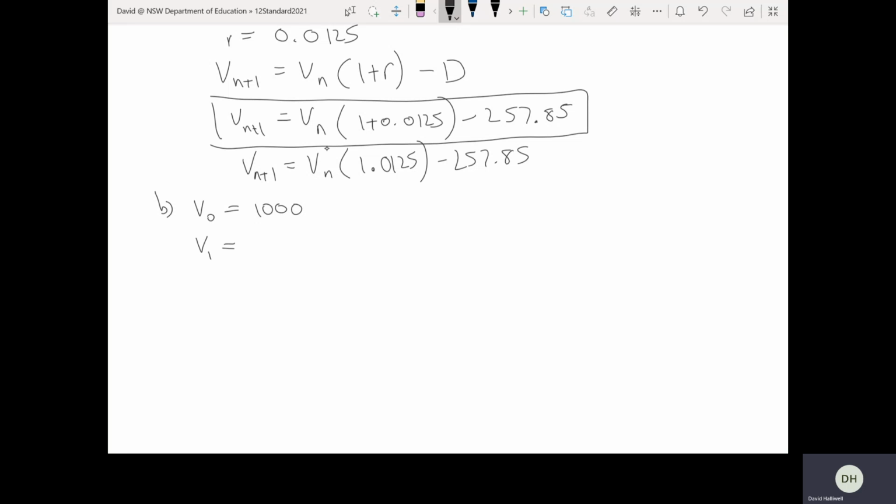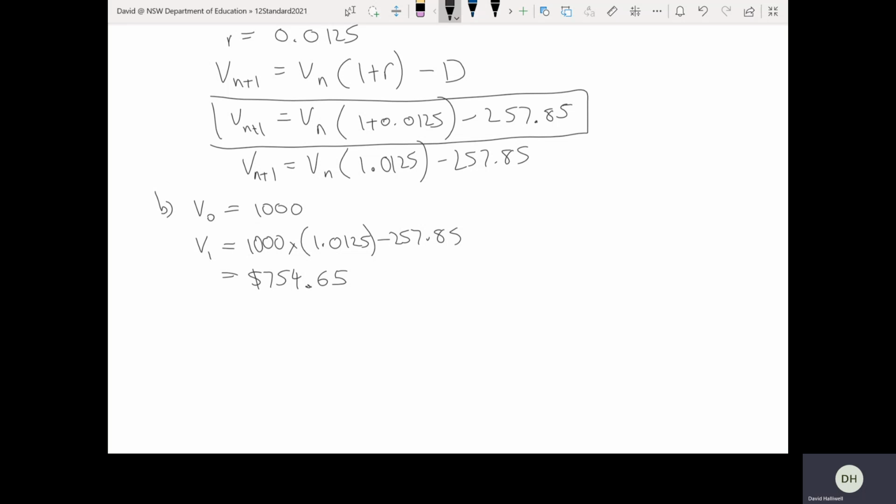Using the rule, it's going to be the initial amount, 1,000, times 1.0125 minus 257.85. Put that into your calculator, and you should get $754.65.